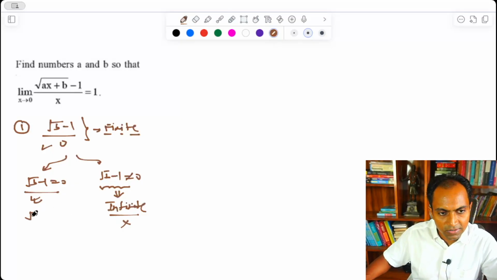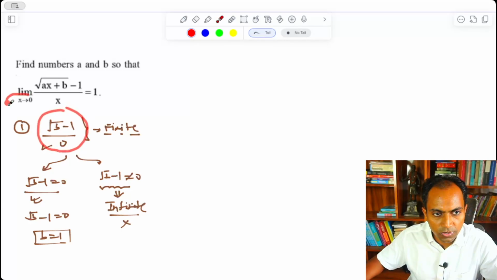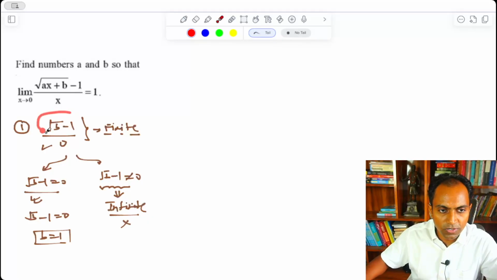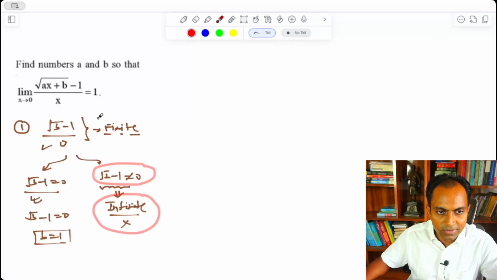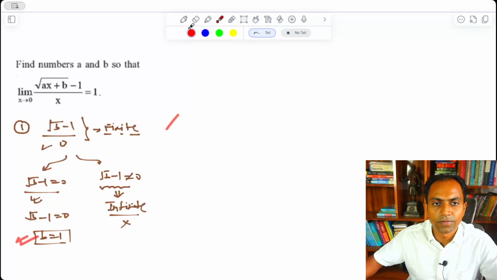So root b minus 1 will be equal to 0, so b would be equal to 1. Understand the logic one more time. This is what we get after directly substituting x equal to 0 in this question. Either the numerator is equal to 0 or not equal to 0. If it is not equal to 0, the answer will become infinite, but they have given that the answer is finite. So this needs to be 0. There is no way around it. If I solve, I get the value of b as 1.